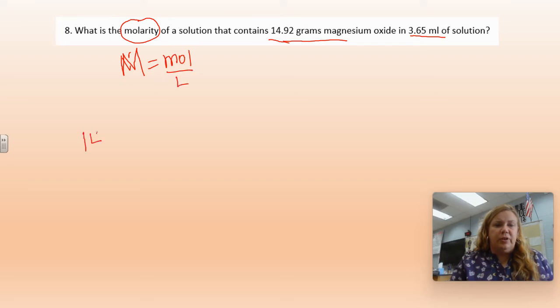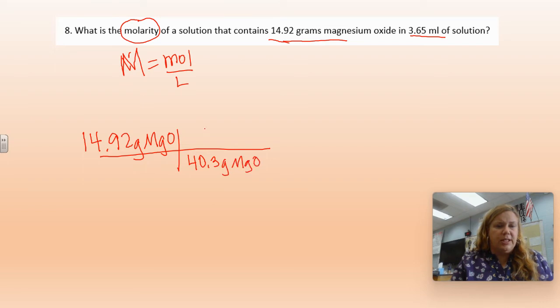So let's go ahead and convert 14.92 grams of magnesium oxide, MgO, and we're going to find the molar mass of that, which calculated is about 40.3 grams of MgO, magnesium oxide, for every 1 mole of magnesium oxide. So this time we're essentially going to divide. So we take 14.92 divided by 40.3, and we get 0.37 moles of magnesium oxide.